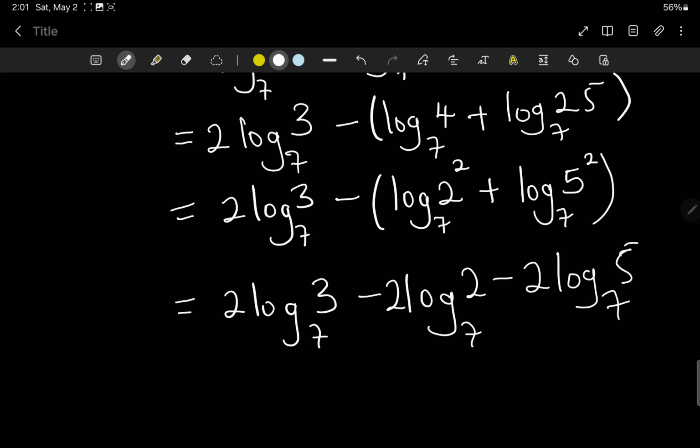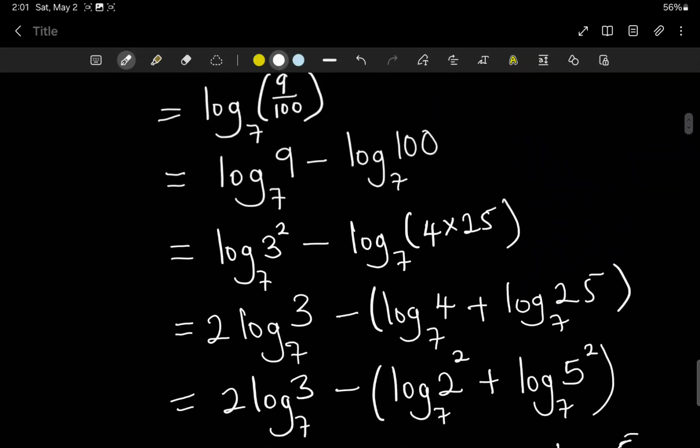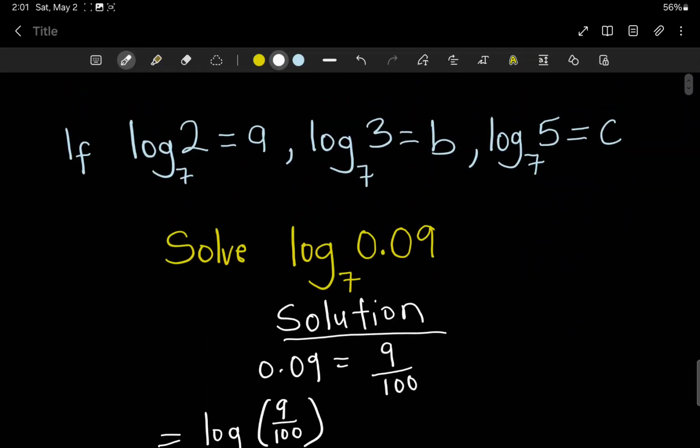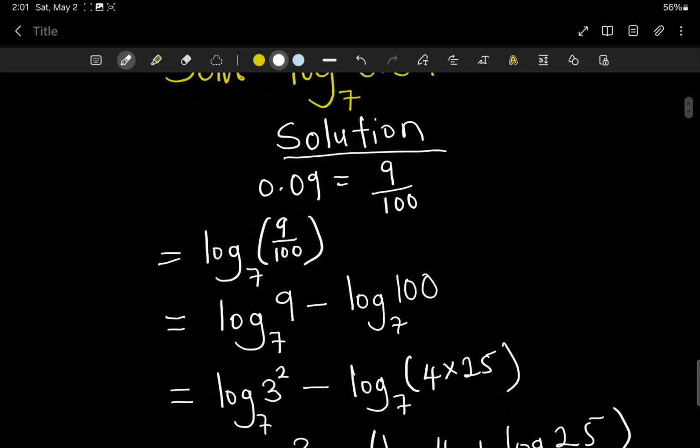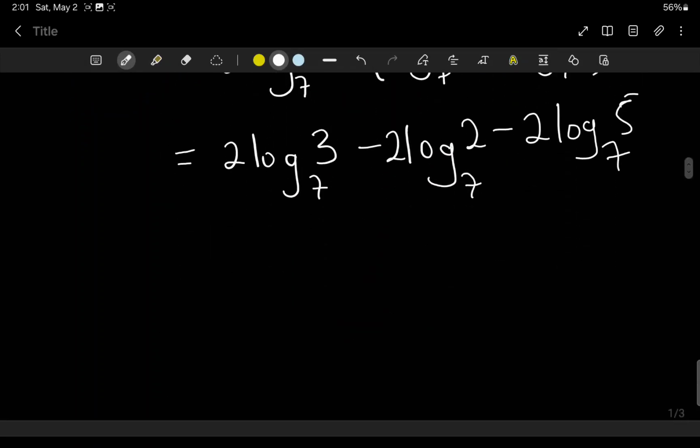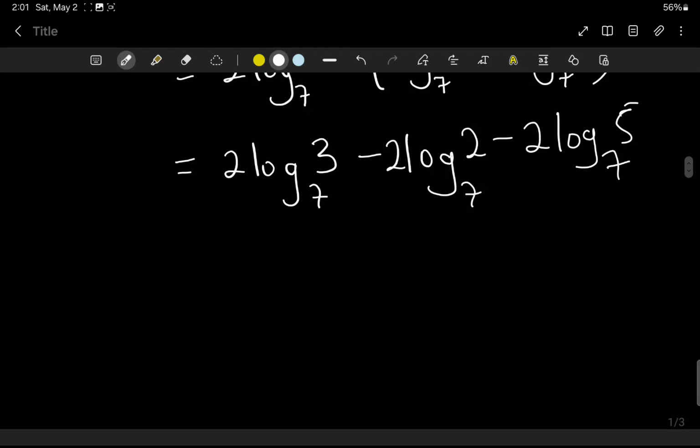Now that we have that, what do we do next? Now we can see that in our question it says that log 2 to the base 7 is A, log 3 to the base 7 is B, and log 5 to the base 7 is C. So coming here, we can replace the logs in there with what they have been assigned.